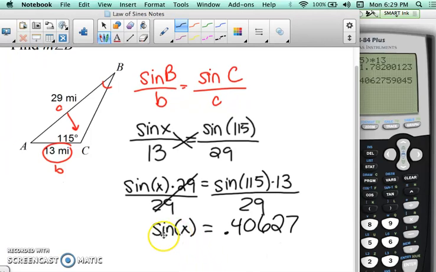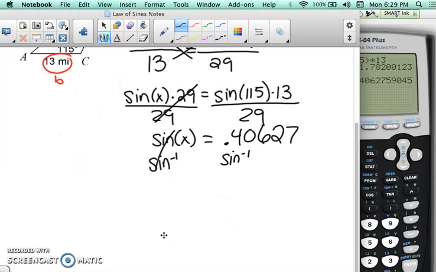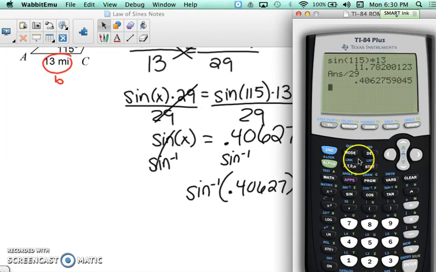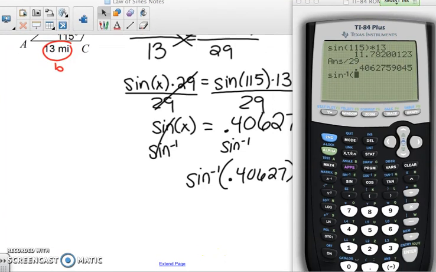I need to get rid of this sine by doing the inverse sine on this side and on this side. So finally, if I type in the inverse sine of what I just got, that's going to give me my final answer. If you hit this button down here that says answer in blue, I want that answer in there.